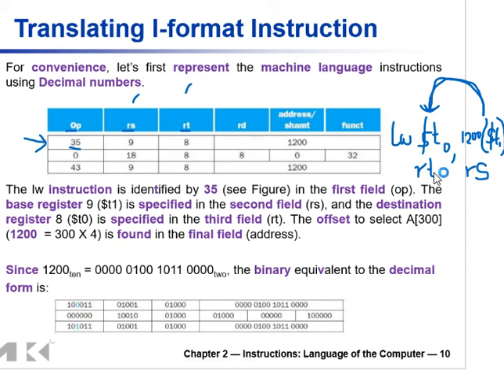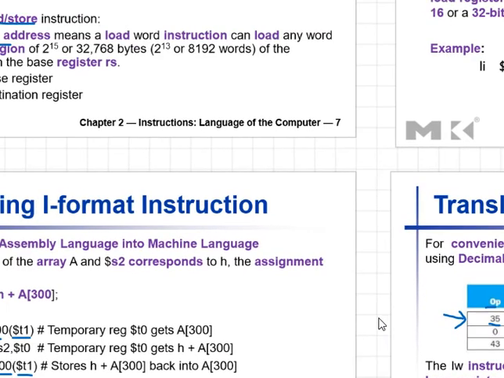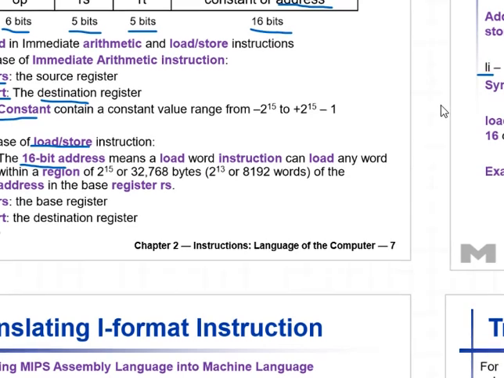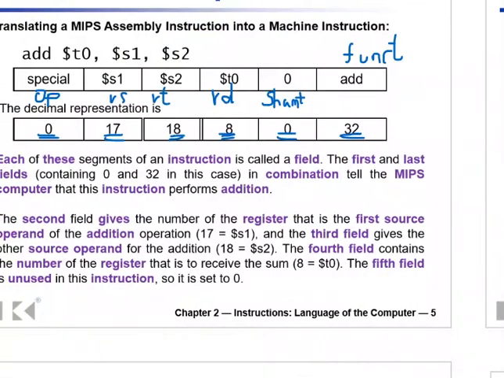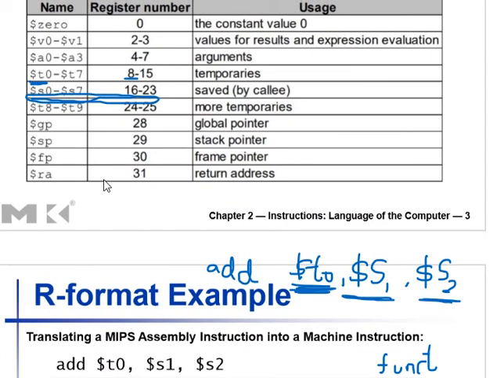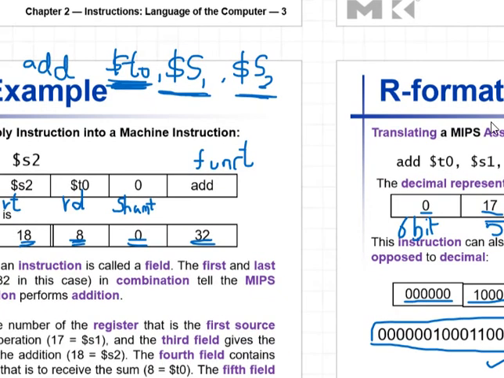You remember the register number for RT, which is 8. Register T0 is 8. Remember the register numbers? If you want, we can go back. What is the number for T0? Wait a second. Here it is. Register number for T0 is 8. So you may have to remember that.